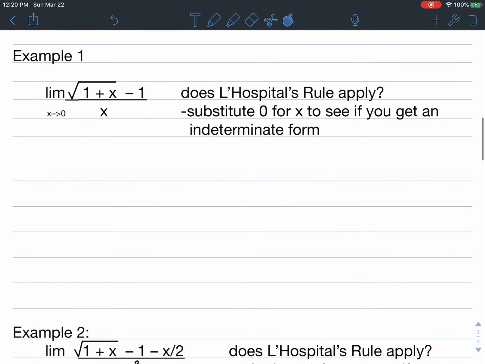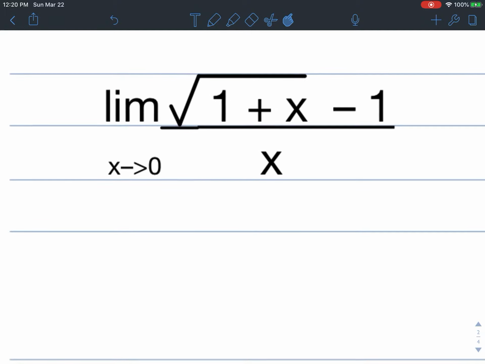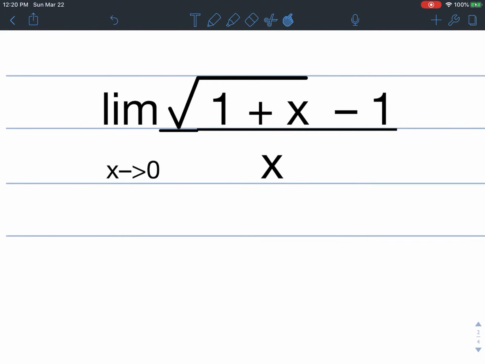Example 1. The limit as x approaches 0 of the square root of 1 plus x minus 1 all over x. So the first thing you have to determine is, does L'Hopital's rule apply? Remember that if you're just evaluating a limit, you're never going to see L'Hopital. You're just going to see this. And hopefully, you remember from the beginning of the year, the very first thing you would do is substitute 0 in for x.